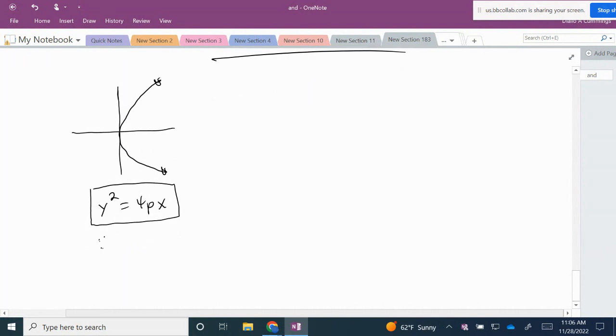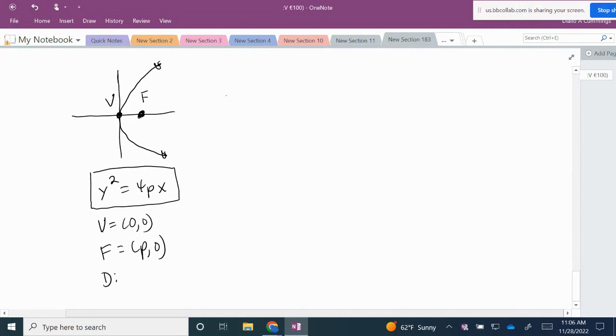The vertex is 0, 0. The focus is given as p, 0.